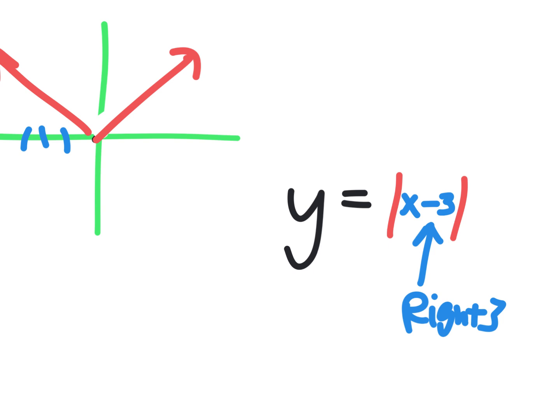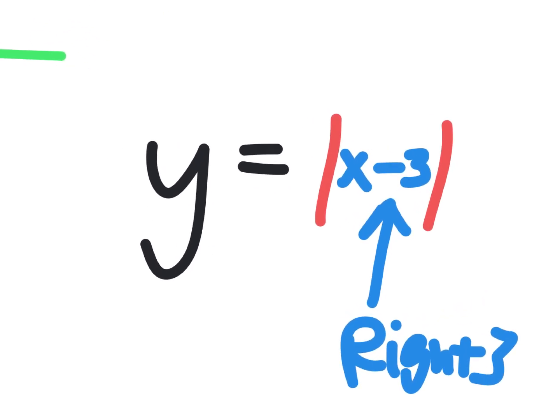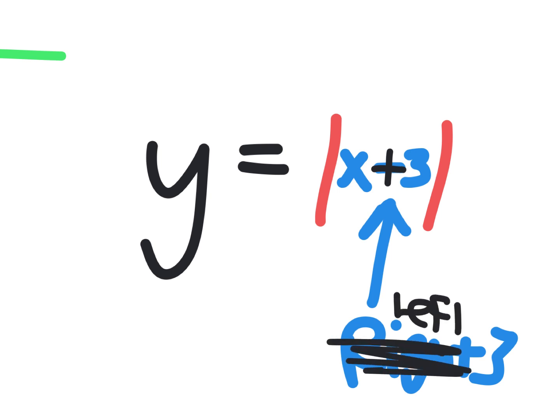But you said if it's a positive, then it goes to the left. So let's go like this. If I change this to a plus, now it's going to go to the left. It's always confusing on the inside. Even in my honors classes, people get confused by these.